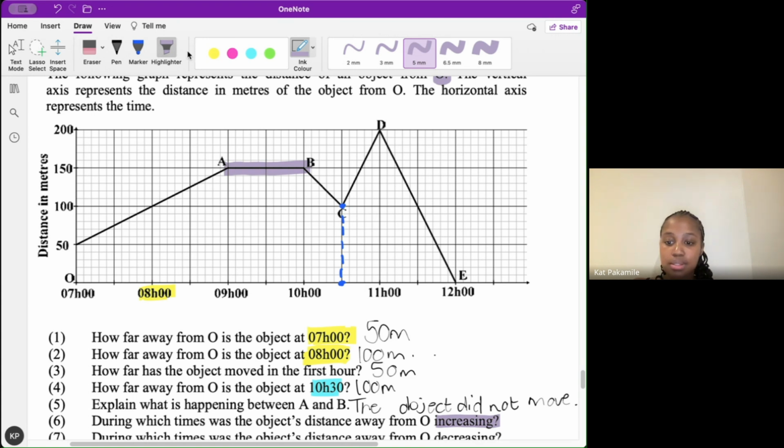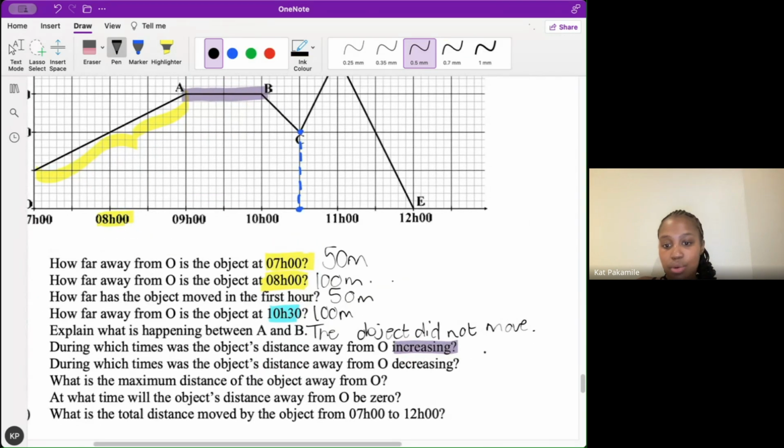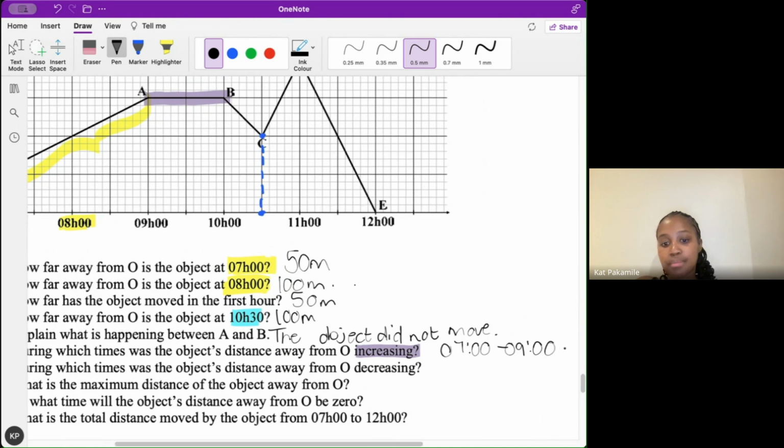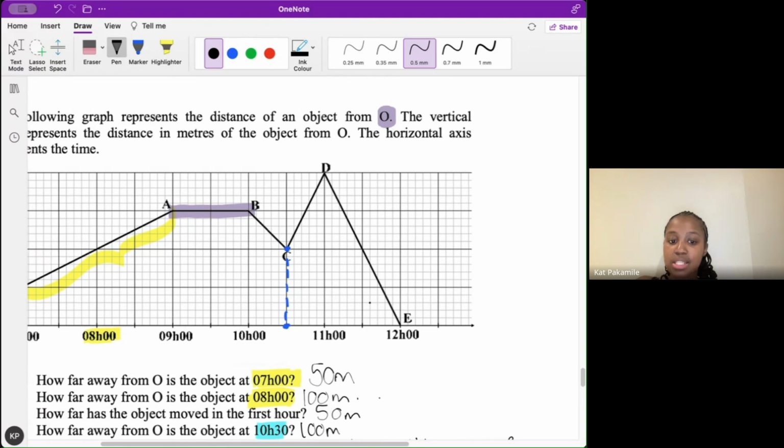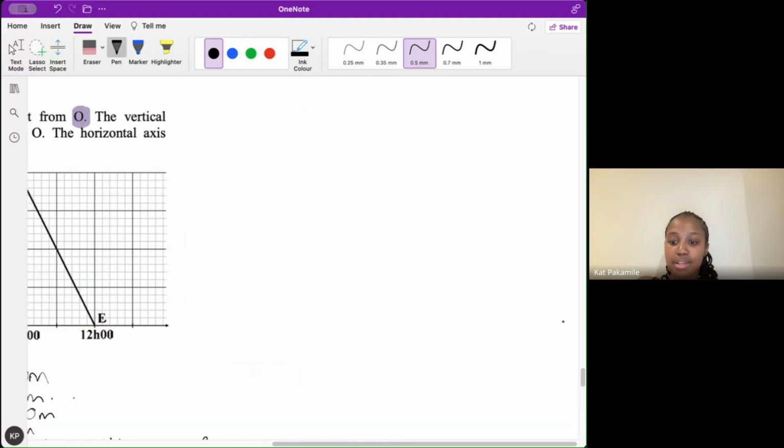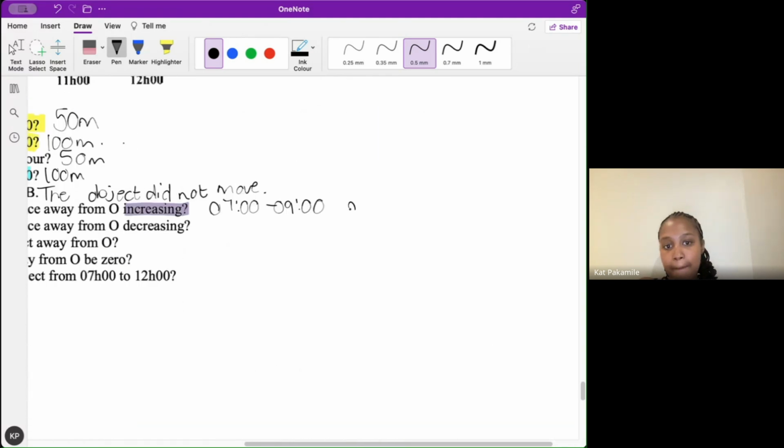Which times? 7 to 9, that is true. If you look at here, from 7 to 9, that is indeed increasing. Is that the only time when this was increasing? And 10:30 to 11. Nice, guys.